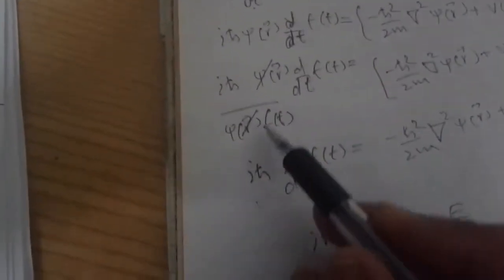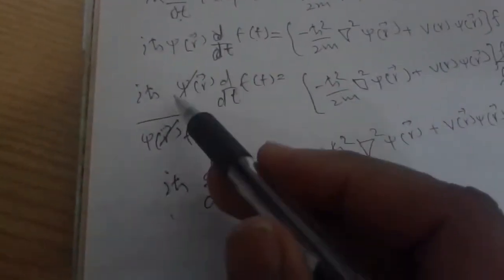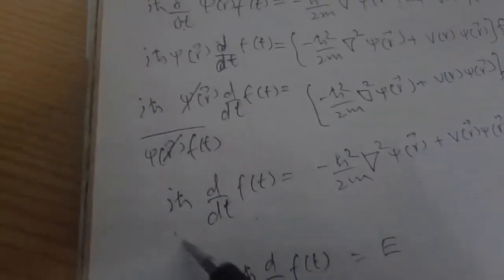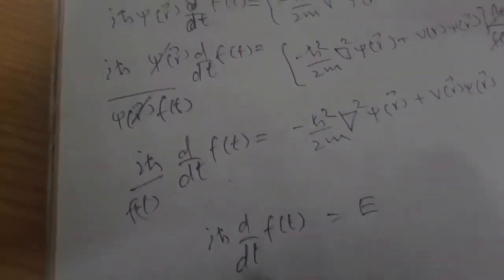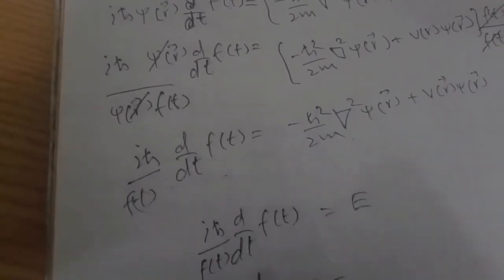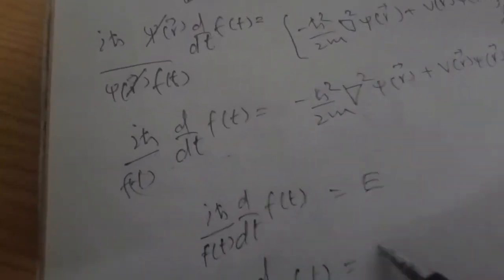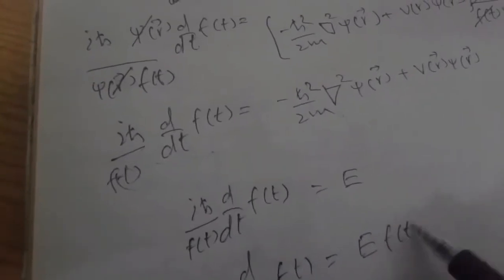Here f of t, we cancel out psi of r with psi of r, and here we have f of t. Here also we have f of t. When we take this f of t to the other side, it will become E f of t.